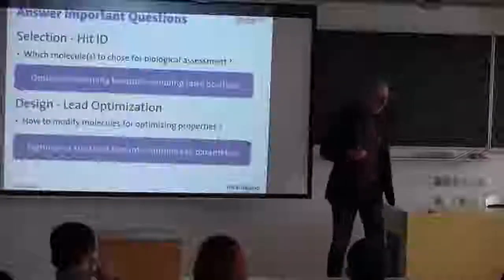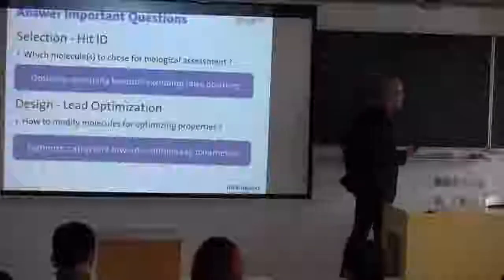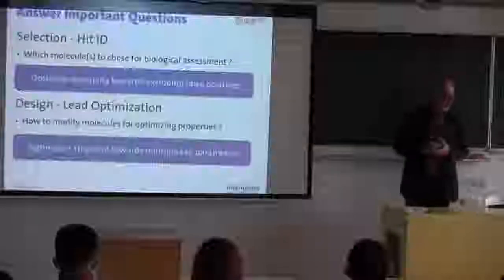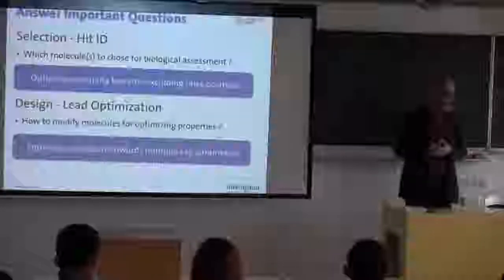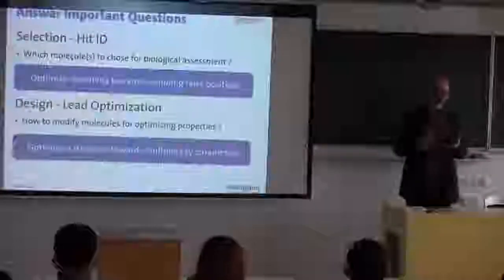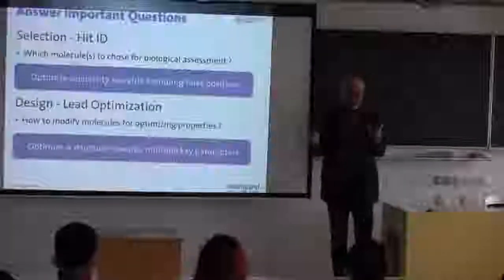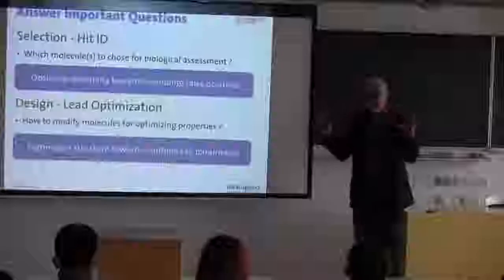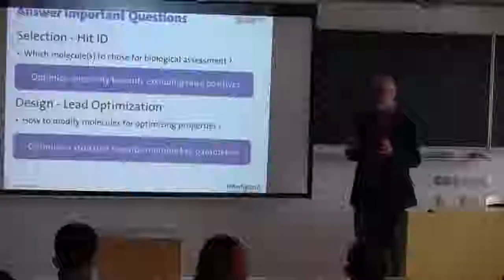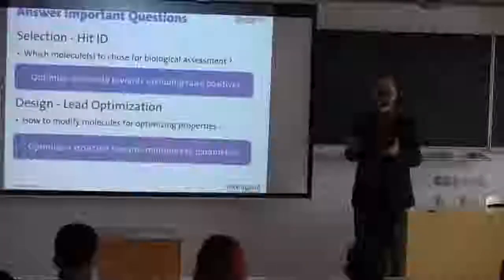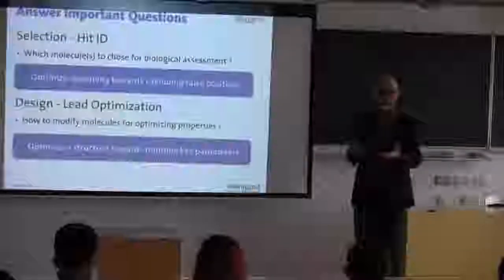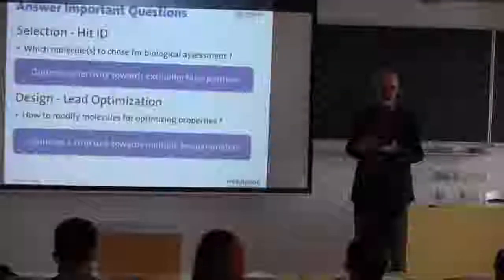When we talk about all these in silico methods, we ask ourselves to get answers to important questions. The important questions can basically be divided into two big parts. When you do drug discovery, you try to find new molecules that can interact with a target.